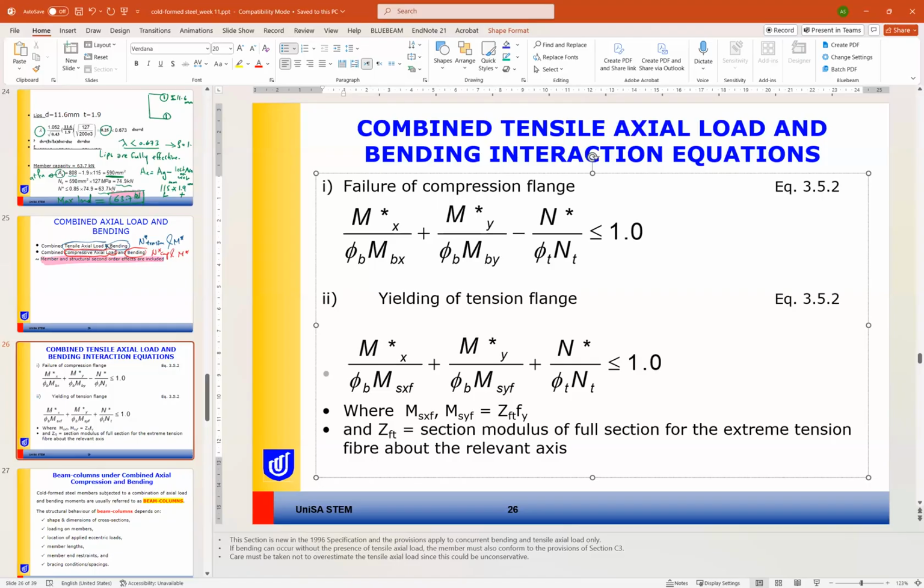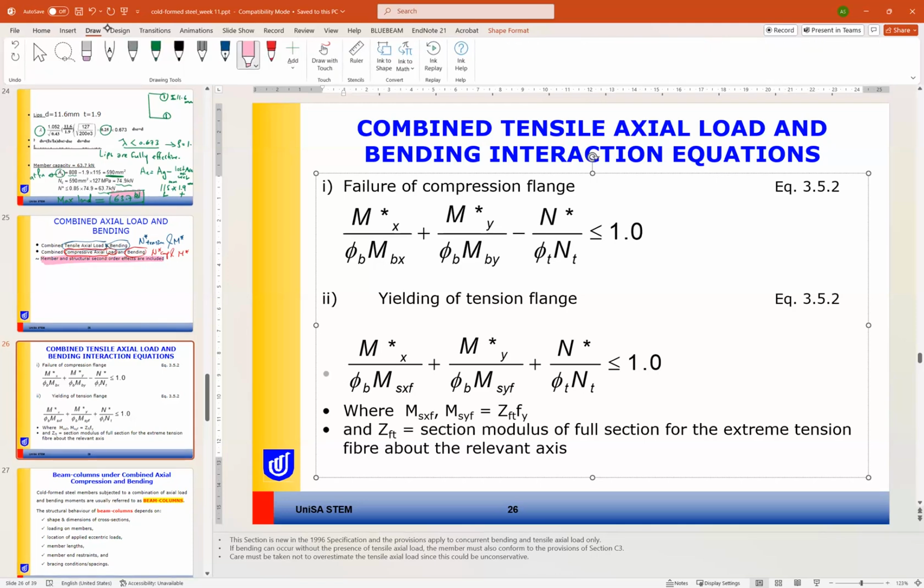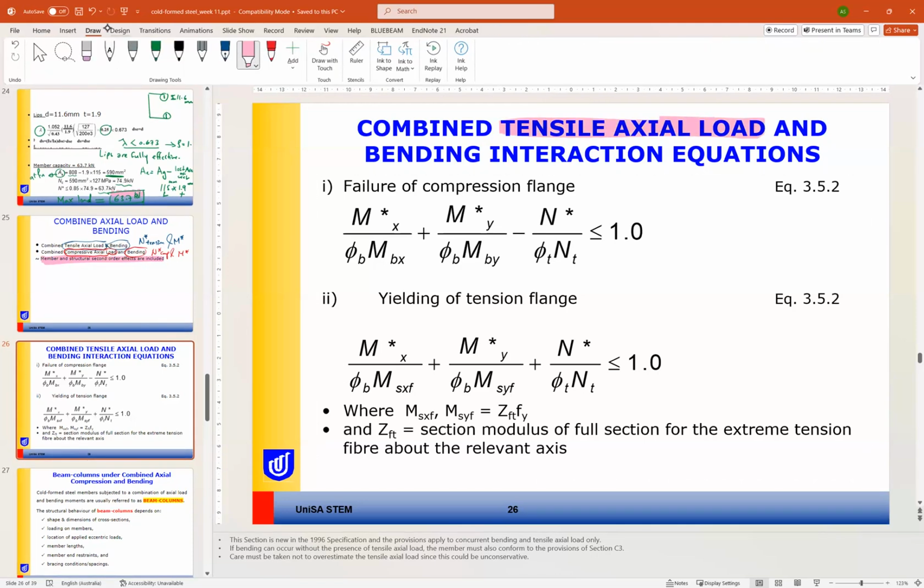So we have combined axial tension and bending, combined axial compression and bending. So let's start with combined axial tension and bending. For the combined axial tension and bending, we have two formulas here.